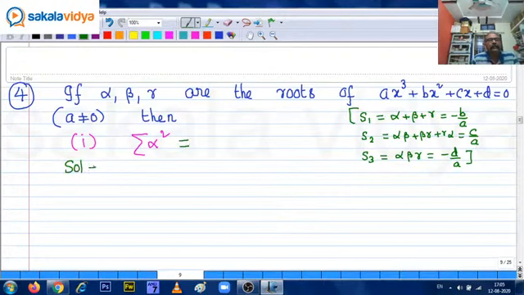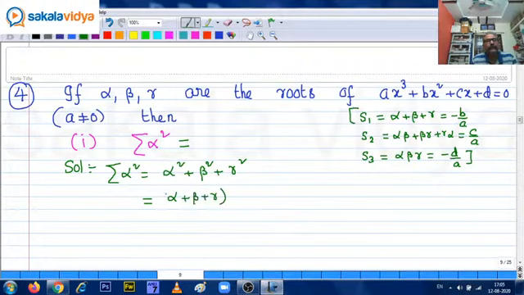Sigma alpha square means alpha square plus beta square plus gamma square. So this is in the form of a square plus b square plus c square. This we can write as (alpha plus beta plus gamma) whole square minus 2 times (alpha beta plus beta gamma plus gamma alpha).